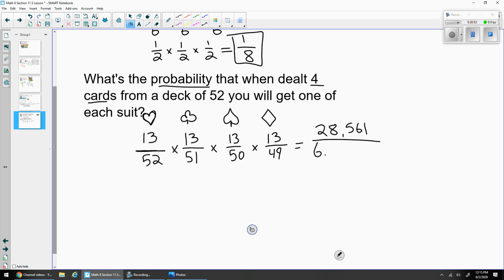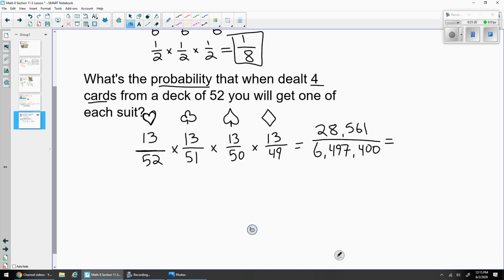There is 6,497,400 different combinations, total combinations of 4 cards from a deck that you could be dealt. Okay, so anytime you're playing a game with cards and each person is dealt 4 cards, each one of you has 1 out of those 6,497,400 combinations.